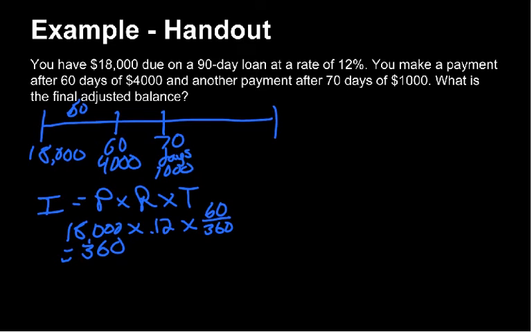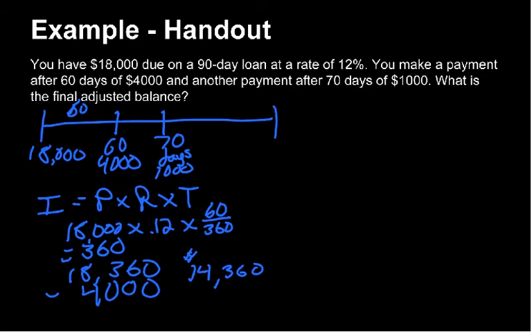Now the $360 is the interest on the first 60 days. So what's owed at 60 days is $18,360. And now I want to take away that $4,000 payment. So I'm going to minus the $4,000, and that comes out to $14,360. So that's how much is remaining after the first payment.